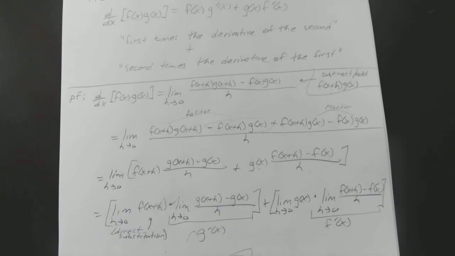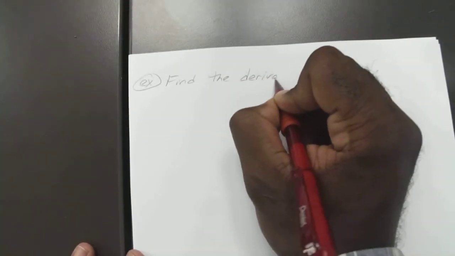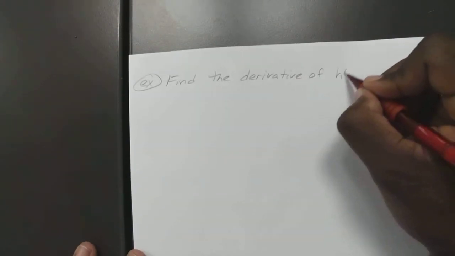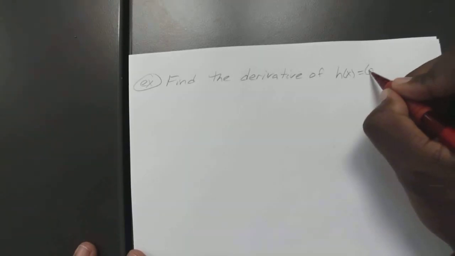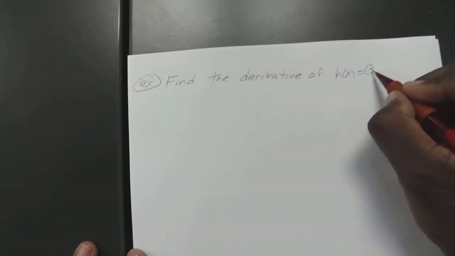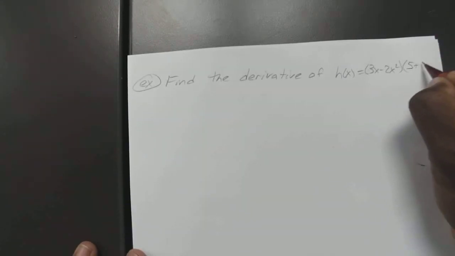All right, any other questions? All right, so let's get to an example, or a couple of examples. Okay, so let's say we wanted to find the derivative of, let's say, h of x is equal to 3x minus 2x squared times 5 plus 4x.